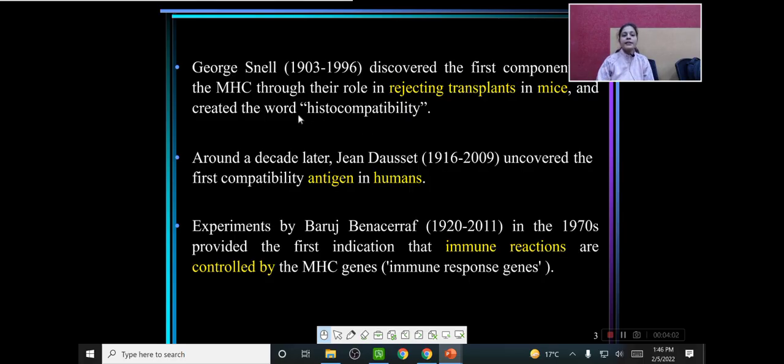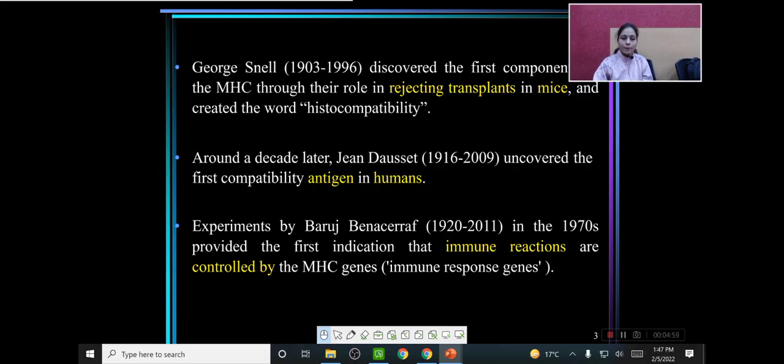When they did the experiment, placing an organ from another mouse into a mouse, the body rejected that transplantation. If a mouse had a heart or lungs transplanted from another mouse, the recipient's body would reject it. Then George Snell created the word histocompatibility.